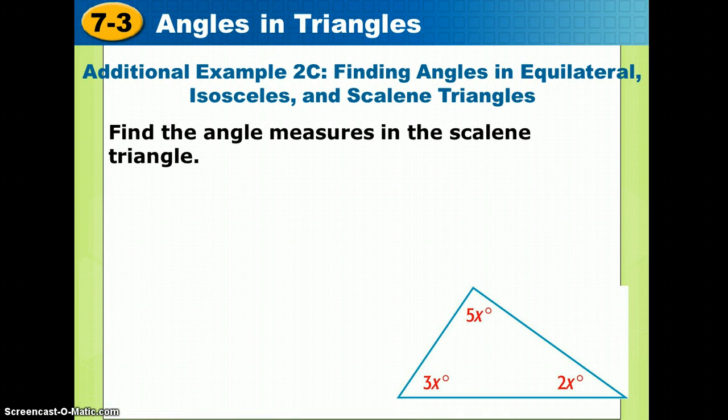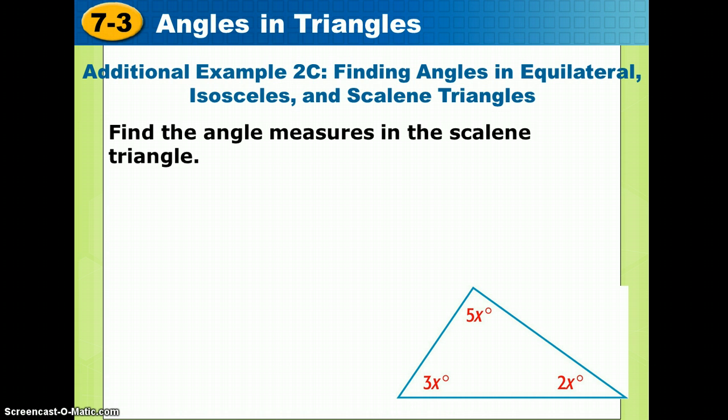Our last example involves a little bit more of an algebraic approach, but we do treat it the same. We know that all three angles have to equal 180 degrees, so we simply do the same thing that we've been doing, and that is add them up and then solve for our variable.